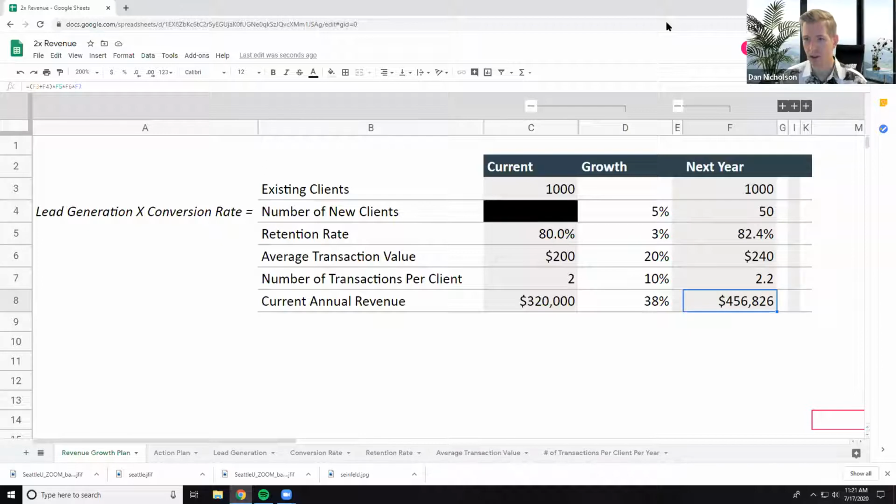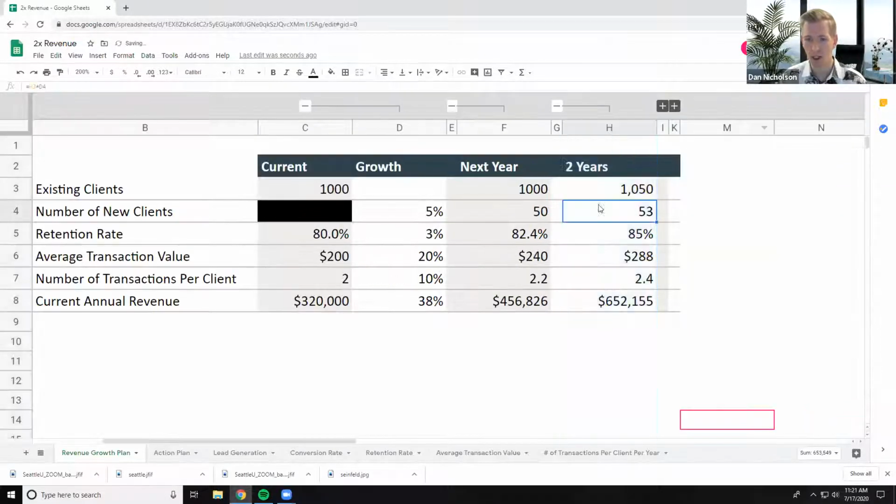456,000. And so if the following year we do the same thing, we just increase the number of clients by 5%. We again improve our retention by 3%. Again, increase our transaction value by 20% and increase the number of transactions by 10%. We get to 652,000, which is slightly more than double. But just to show you the math, I could change this to 3 to 5%.